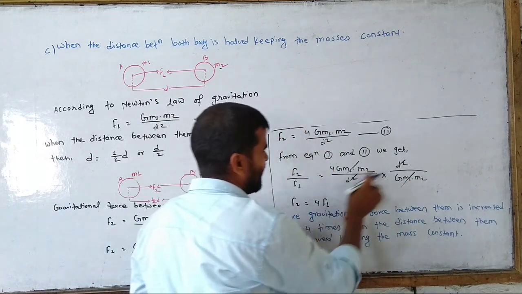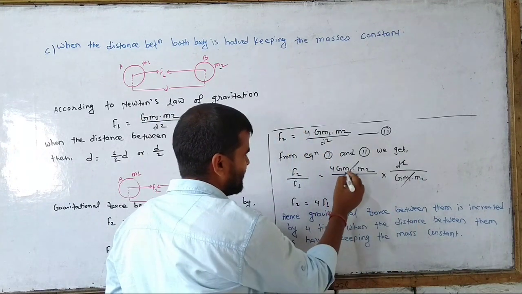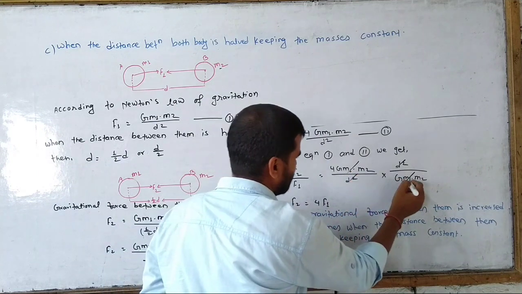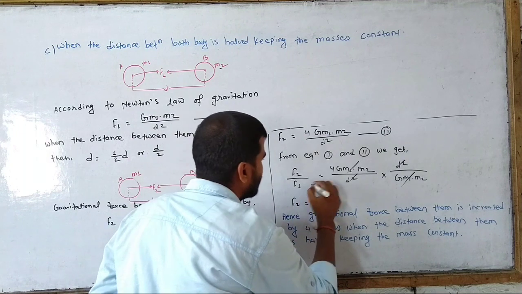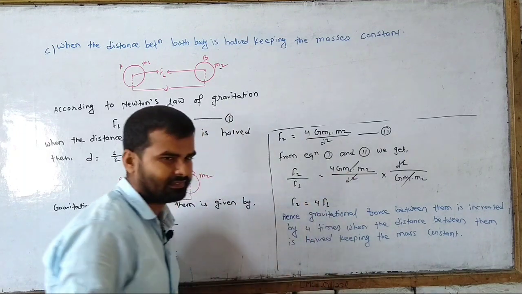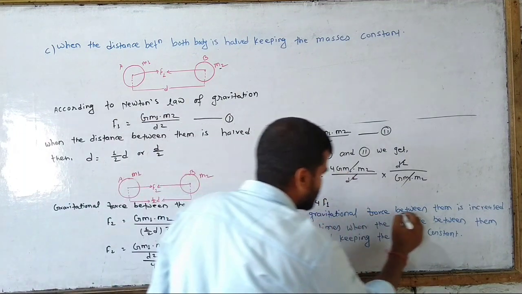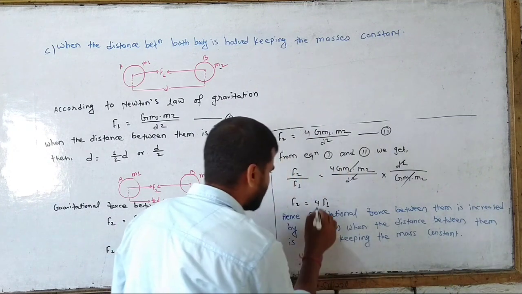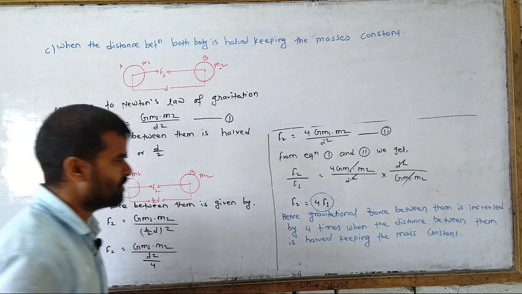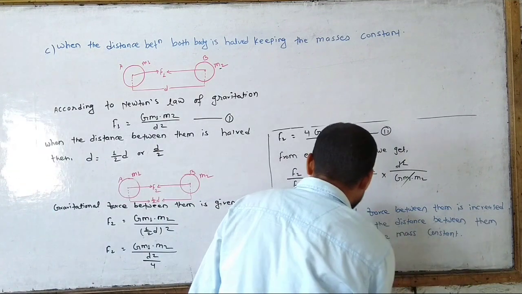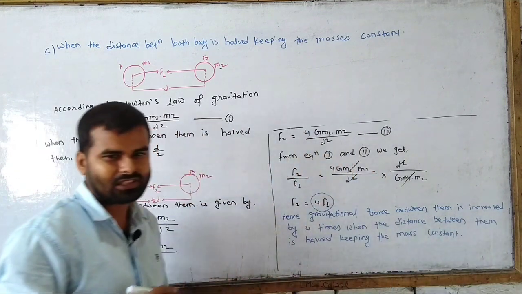Now d square and d square cancel, G m1 into m2 cancels, and F2 becomes 4F1. Hence the gravitational force between them is increased by 4 times when the distance between them is halved, keeping the mass constant.